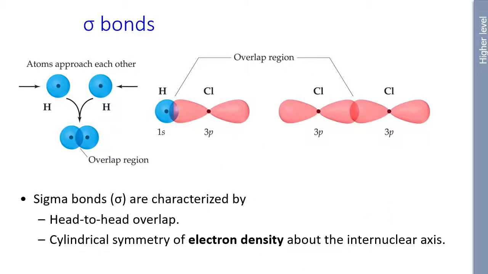So sigma bonds. As atoms approach each other, here you have a region of orbital overlap. Sigma bonds are characterized by head-to-head overlap, and the cylindrical symmetry of electron density about the internuclear axis allows for this. So you can have sigma bonds between s orbitals and p orbitals, and between p orbitals along the x-axis, as you can see here by the images.